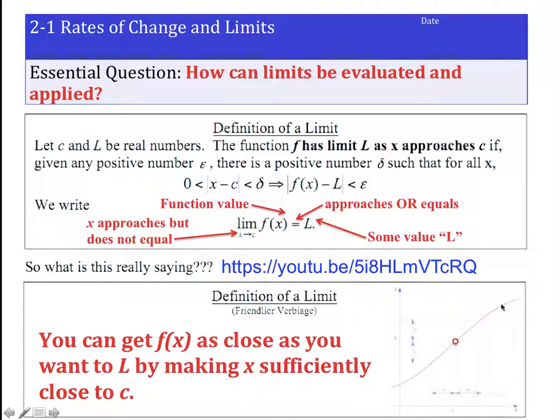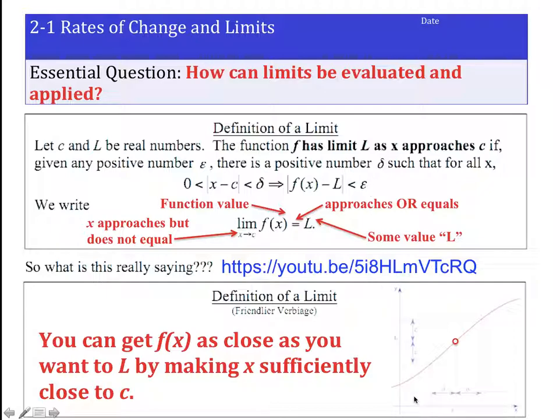That's the intent of this picture: as long as we get sufficiently close to c, and that's where the delta comes in, then you have a value that is sufficiently close to L, and that's where the epsilon comes into play.